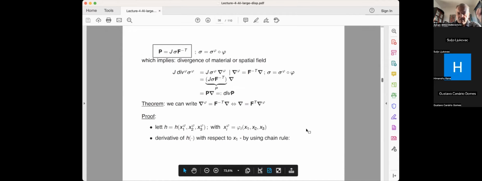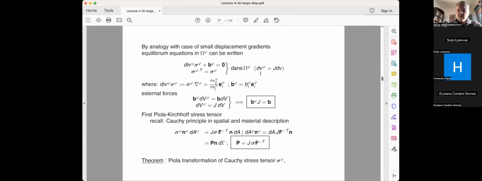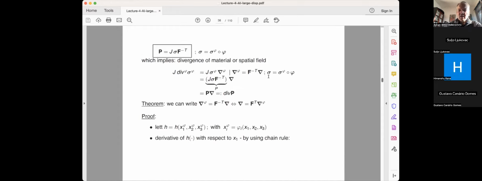Basically, I'm saying that if I take the divergence phi of sigma phi, and I multiply by J, so as not to have it with respect to dV phi but only with respect to dV, I will have J times sigma phi nabla phi, with the key result that nabla phi is equal to F minus transpose nabla. I can write this as J sigma F minus transpose times nabla.